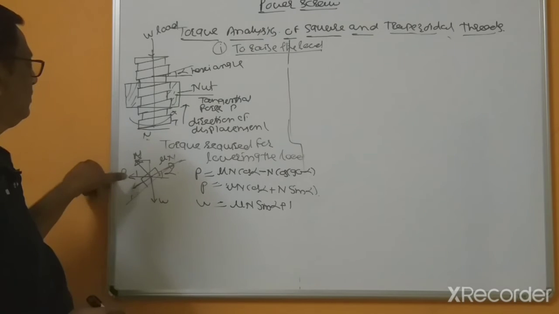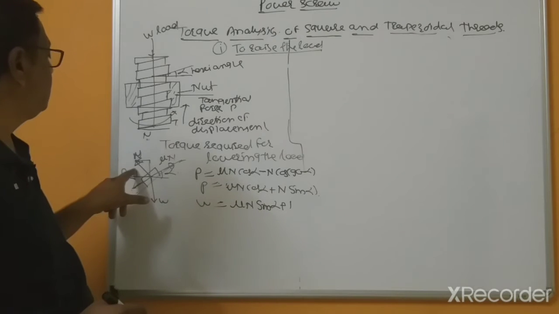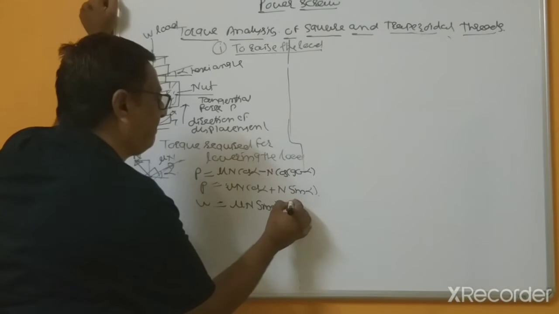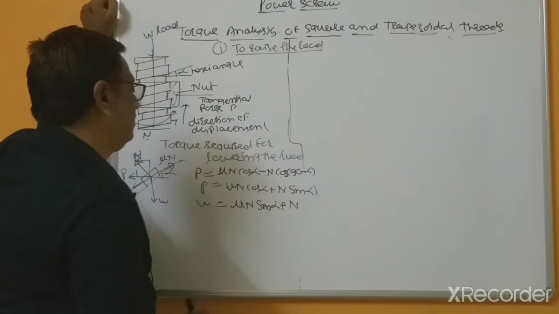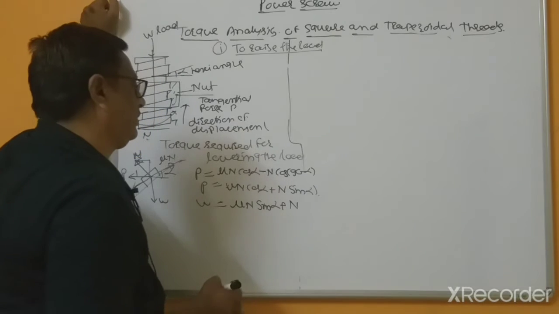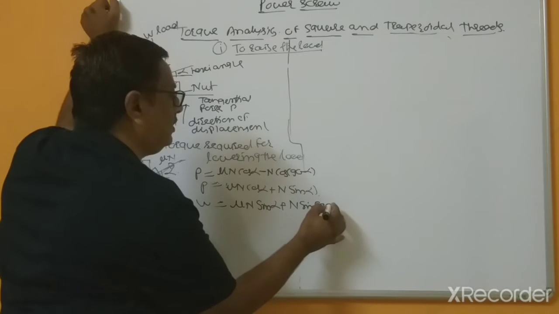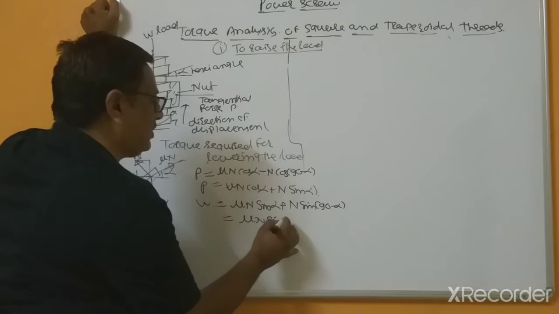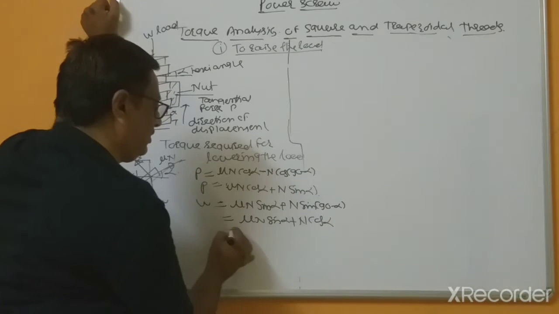Now both forces, because this is the upward frictional force mu N cos alpha, and this is also upward, so that's why this is plus mu N into sin (90 minus alpha). So that's why mu N sin alpha plus N cos alpha.